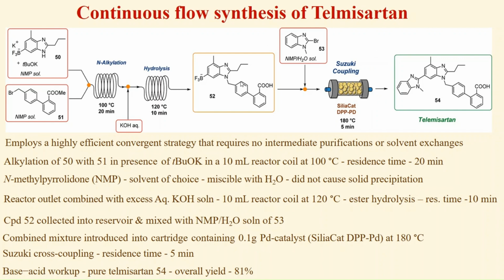Here the catalyst bed reactor and the normal tube reactor are combined together to achieve the synthesis of telmisartan in quantitative yields. This is another example where the API has been synthesized by utilizing continuous flow system.